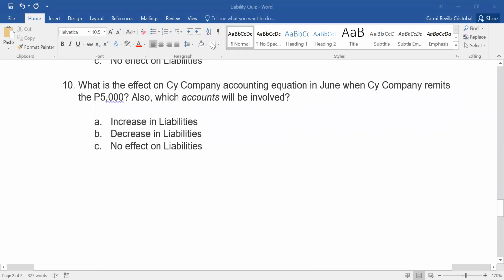number 10. What is the effect on CY company's books, okay? In June, ayan na, in June na, when CY company remits 5,000. Kasi nag-set up na siya ng payable kanina. And then also which accounts will be involved. So let's just try to do an entry.